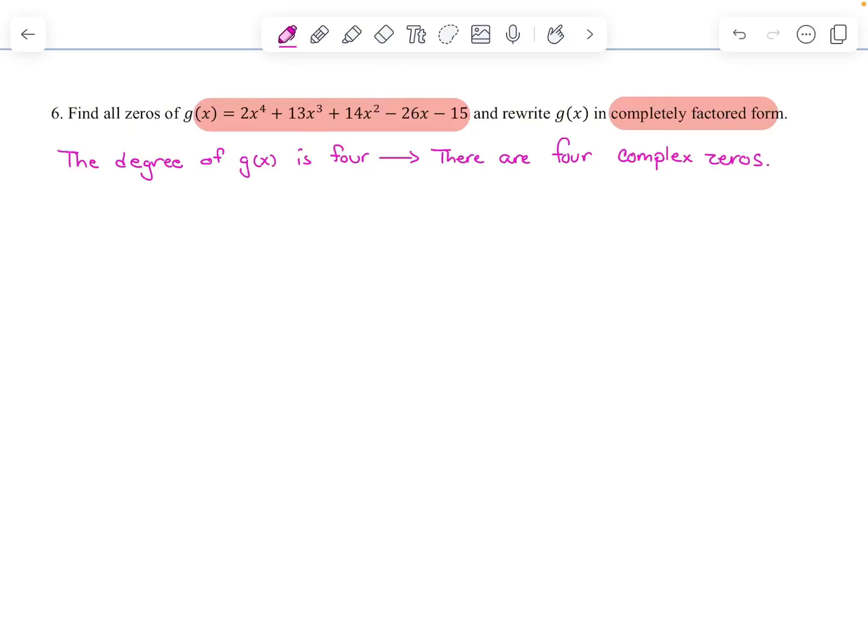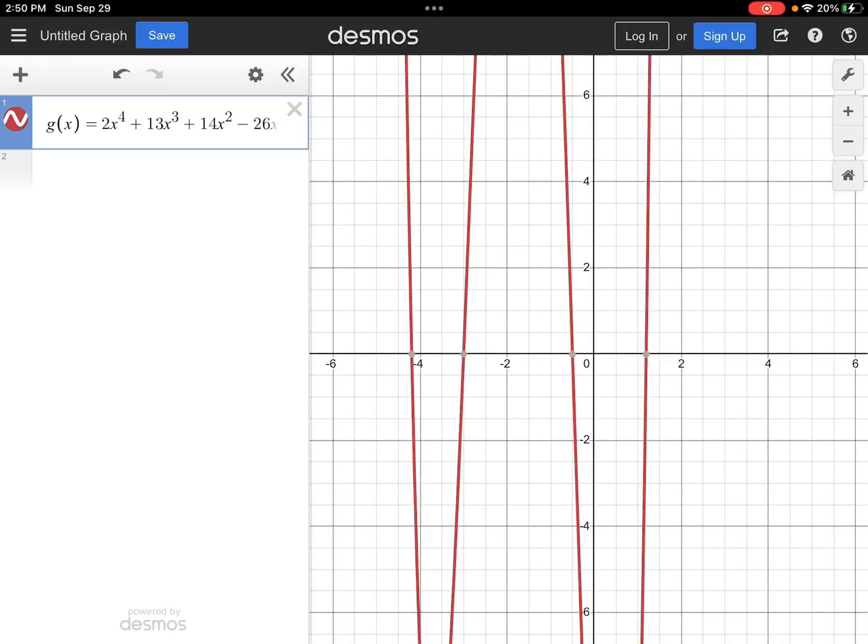are 4 complex zeros. I'm going to start by finding all of the rational zeros of g of x, and I'm going to do that using Desmos. I've gone ahead and graphed g of x in Desmos, and notice that the graph has 4 horizontal intercepts. And of the 4 horizontal intercepts, it looks like 2 of them are rational.